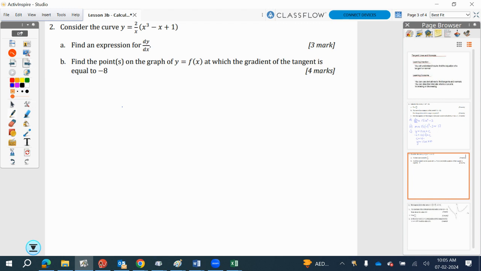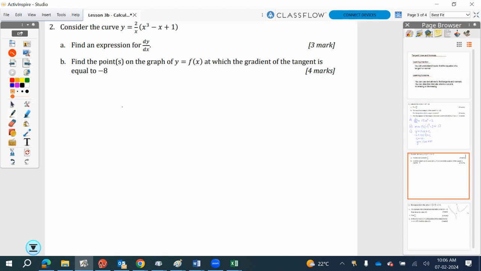So what it's going to be is 2 over x times x cubed, minus 2 over x times x, plus 1. Sorry, 2 over x times 1.